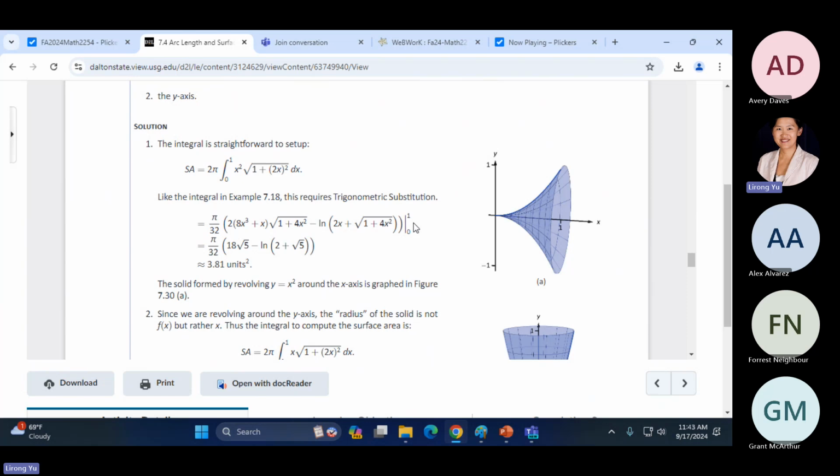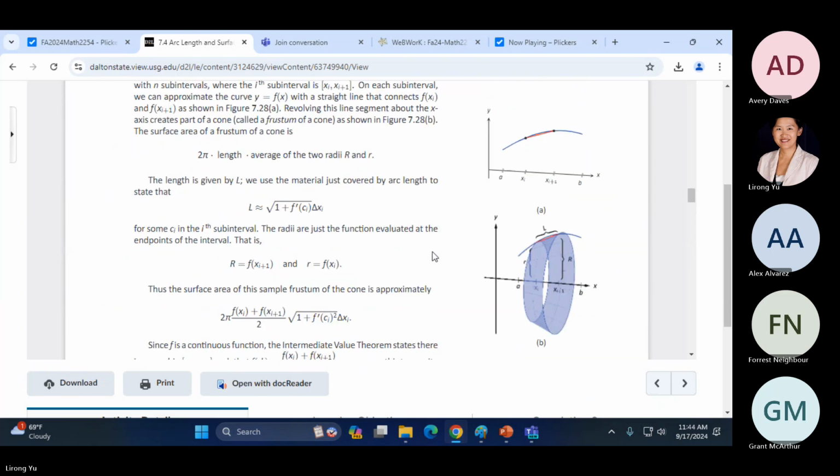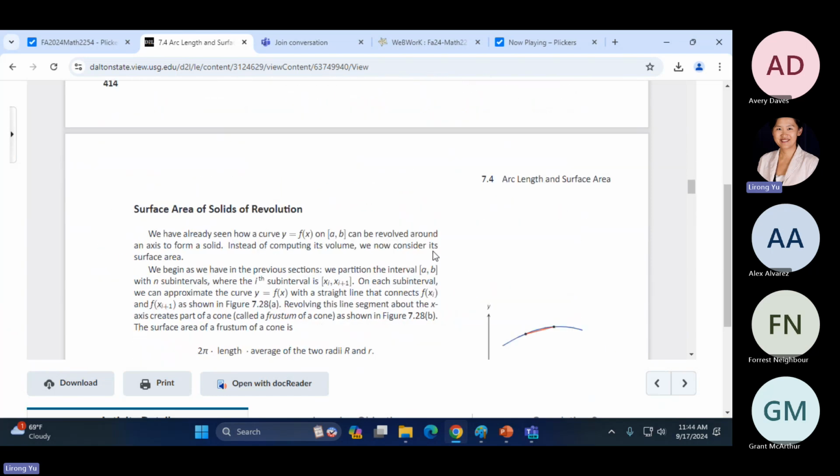This is the formula. This was one of the formulas mentioned in the last chapter. So this solution applied the formula from an earlier example. It was also in chapter 7, so maybe go back to it.